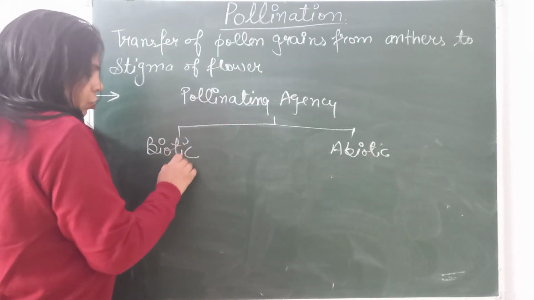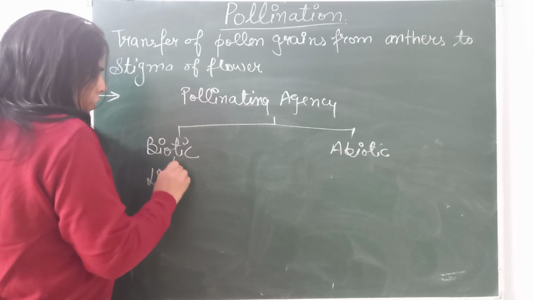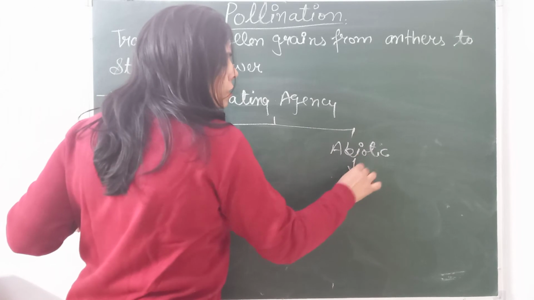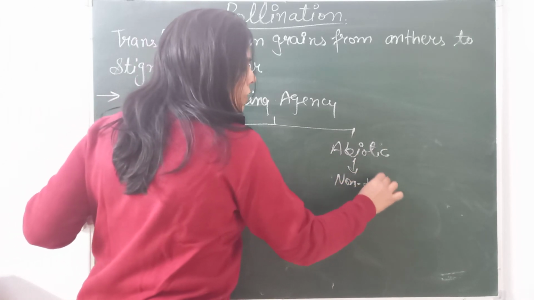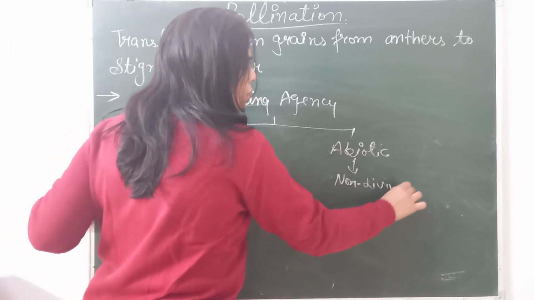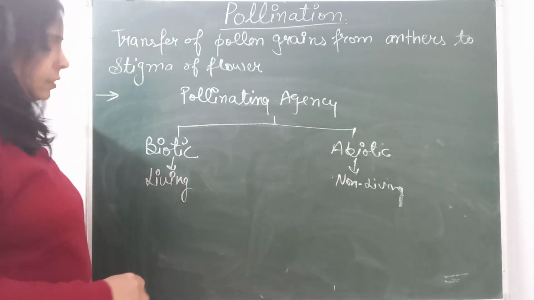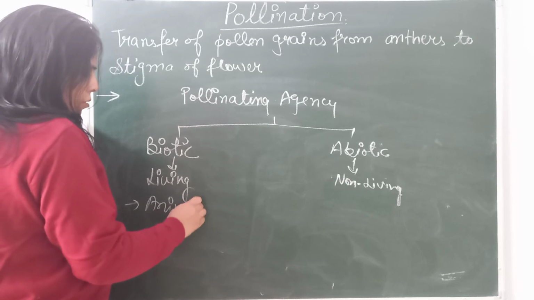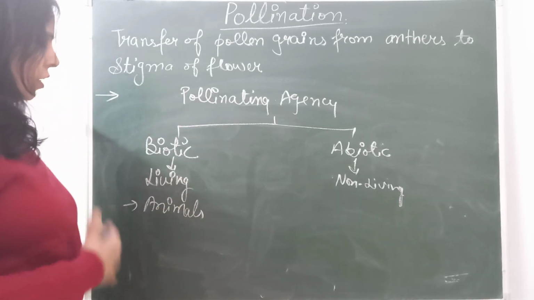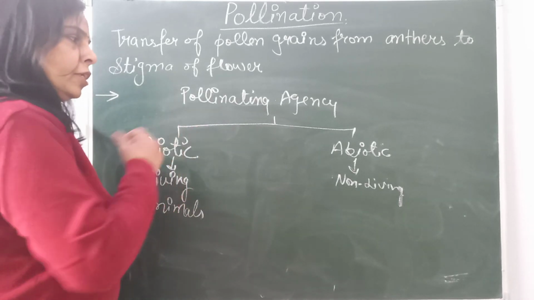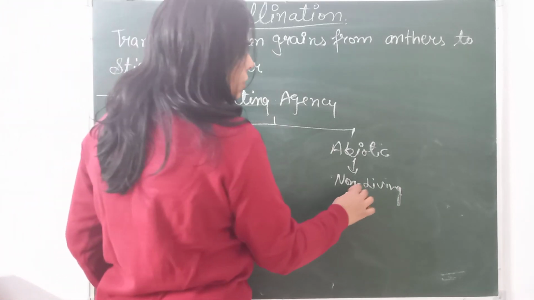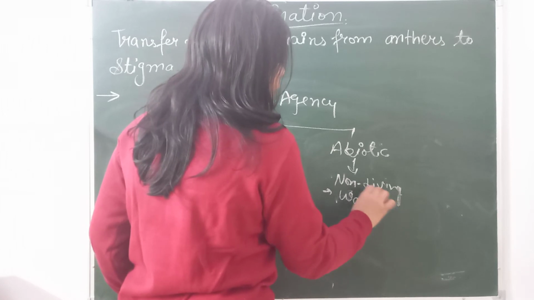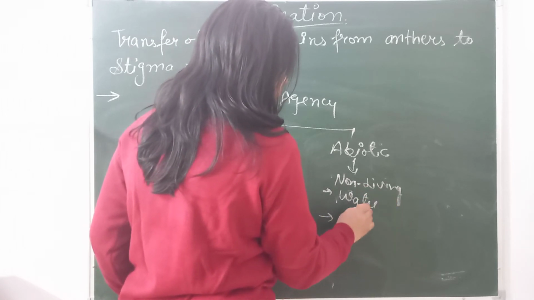Biotic means something through living agents, and abiotic means non-living agents, right? Okay. So biotic factors can be some animals, various ways are there, various biotic factors are involved for this pollination, and abiotic factors can be water and it can be air.